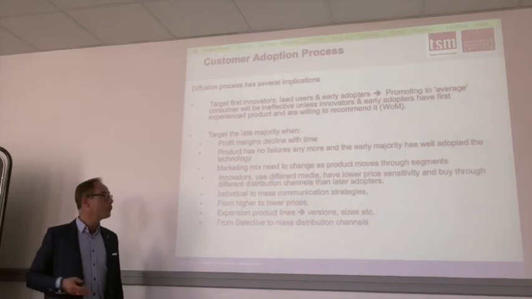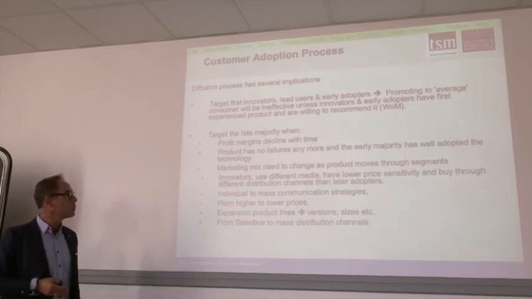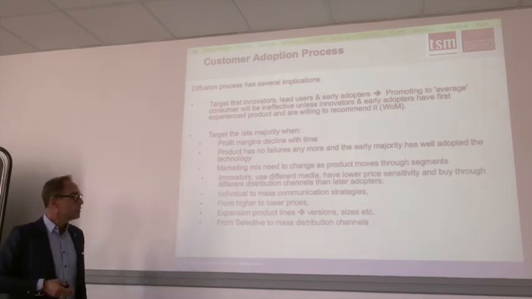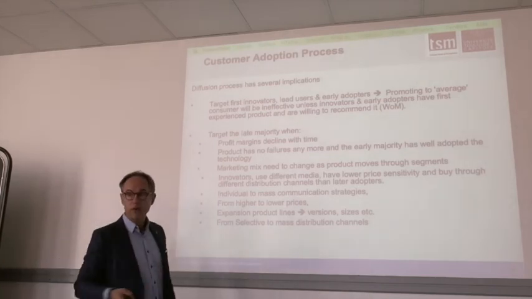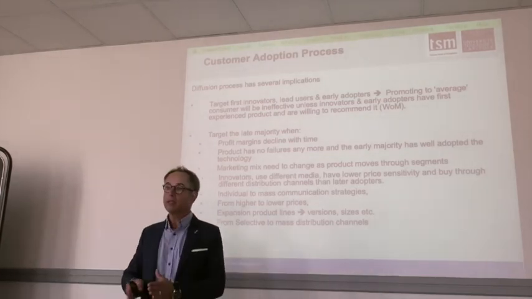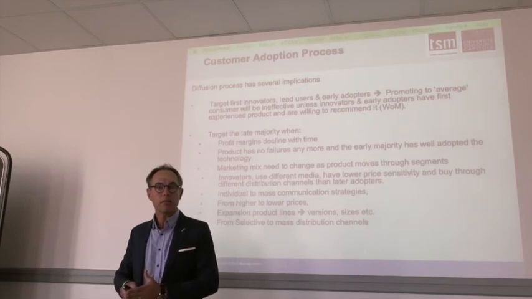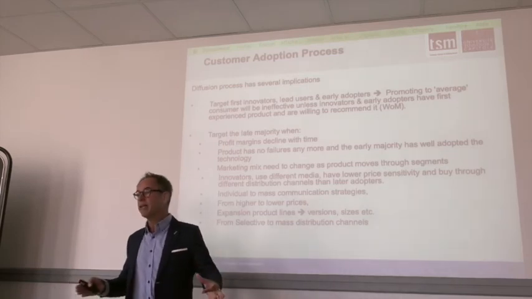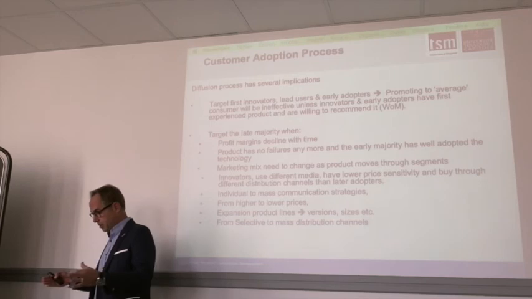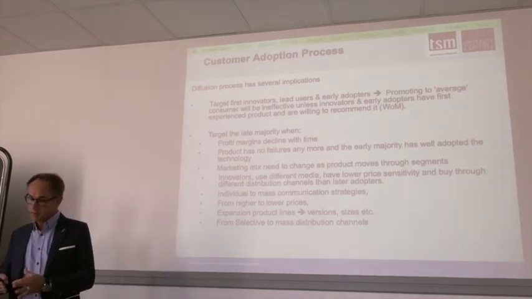The distribution was selective and the communication was also very selective. The more the smartphones became banalized, the more mass target groups, so the early majority and the late majority, adopted the product. And so it was for the marketing strategies.